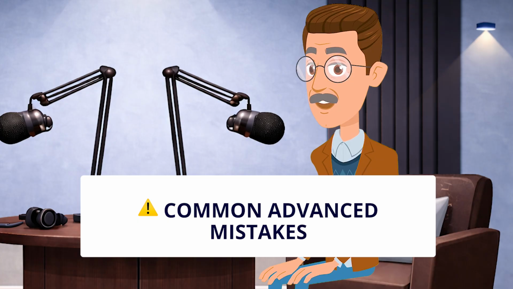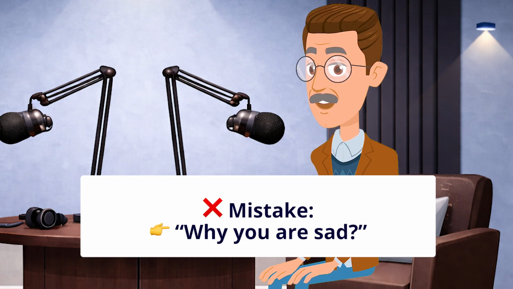And some common advanced mistakes that I don't want you to make are, the first, "why you are sad." That is not correct. Can you tell me why? Exactly. It's the position of the verb and the subject. The correct form is, why are you sad?